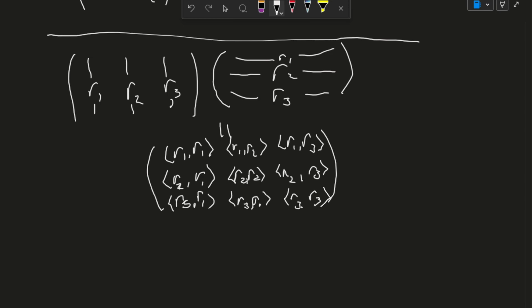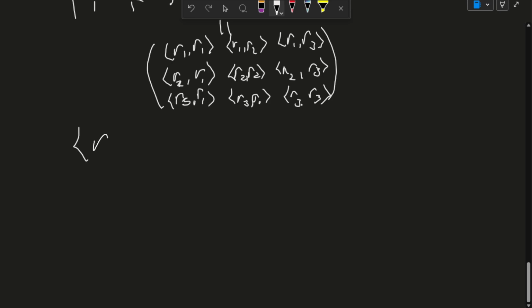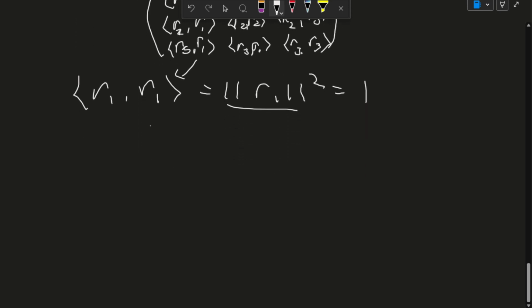On the diagonal, for instance, R1 inner product R1, this is the norm squared of R1 by definition, because the norm of R1 is the square root of this value. But this is by definition 1. So it turns out that the diagonal of this matrix is just 1.